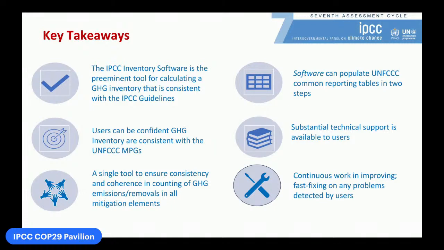So the use of a single tool ensures coherence among the various elements under the UNFCCC where anthropogenic emissions and removals do matter. Again, the greenhouse gas inventory, the NDC, Article 6, they may be all integrated in a single tool. And it's a tool that is a continuous work in progress.